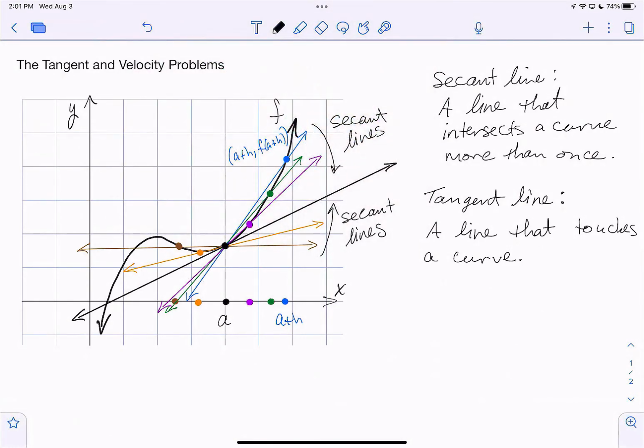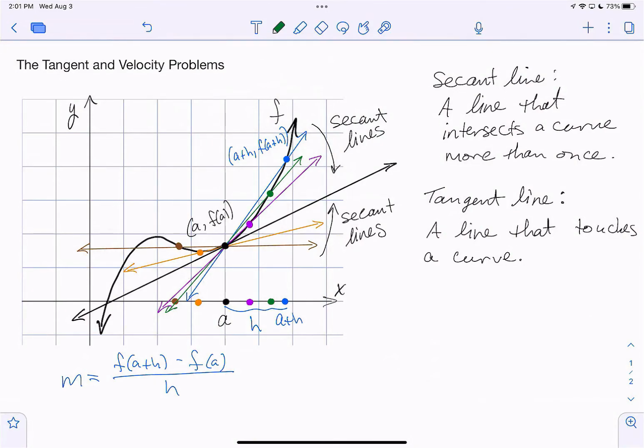And then the black one we're going to say is (a, f of a). So we can say that the slope of the blue secant line is, well, rise over run, right? f of a plus h minus f of a, divided by h, because the a's subtract out. Or another way to think of it is, if this truly is rise over run, then the run here has a value of h.